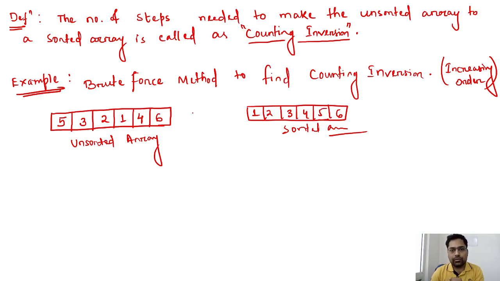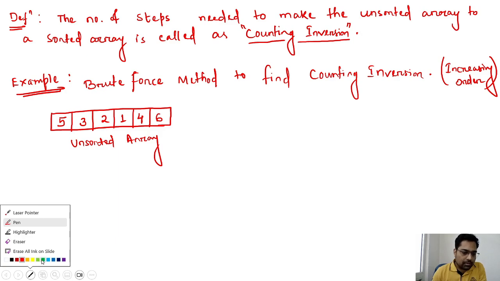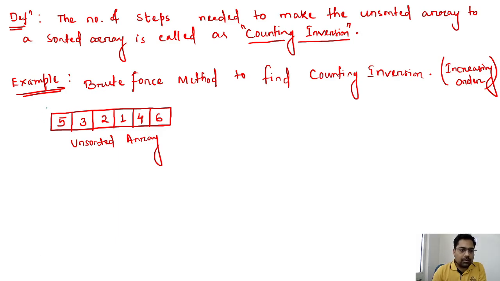Now we will discuss how the brute force mechanism works. We know the answer after making it sorted could be written like this. Now I am just running a loop. For the for loop, I am writing index 1, index 2, index 3, 4, 5 and 6.